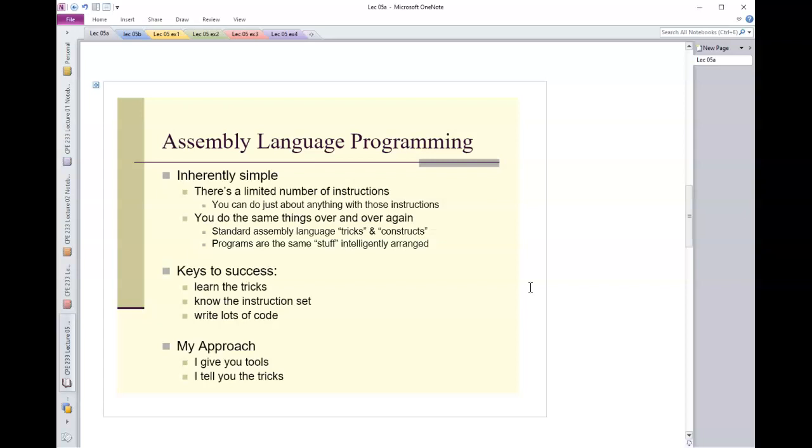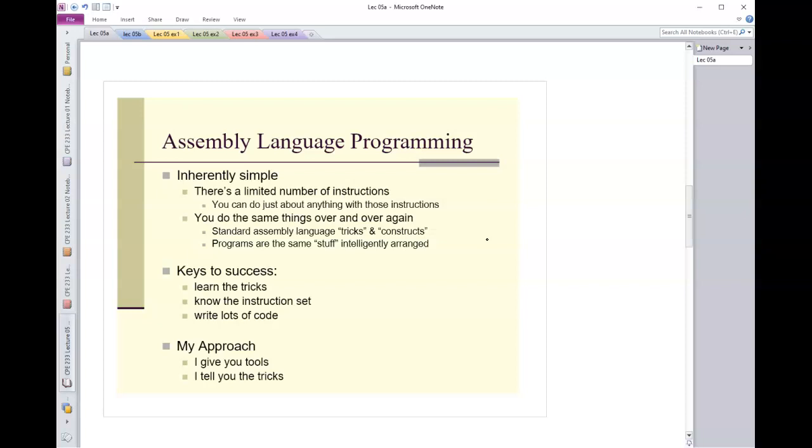But even though there's typically not that many instructions, you can actually do anything with them, particularly with something like we're working with, a Lec05a, which is a general purpose instruction set architecture. The instructions may not be specific, but you can get things done with them. Another thing I like about assembly language is that essentially you do the same things over and over again. You use the same tricks, and I call them tricks, but they're probably more like constructs.